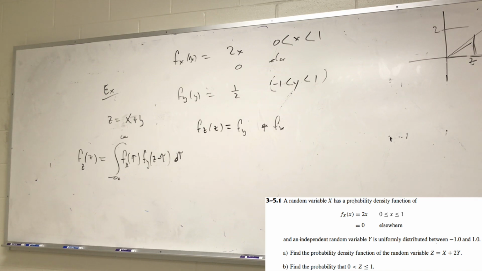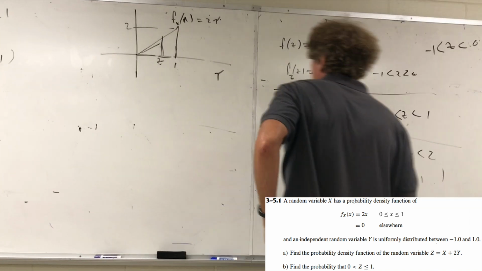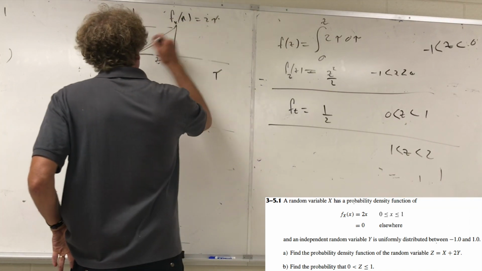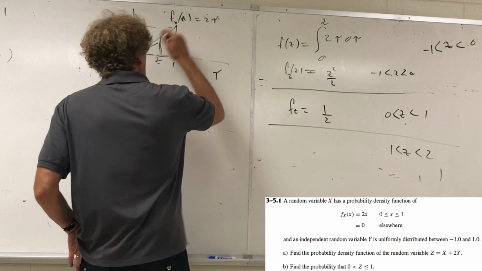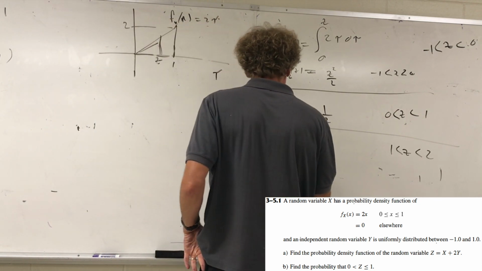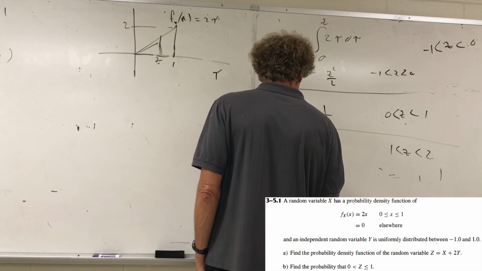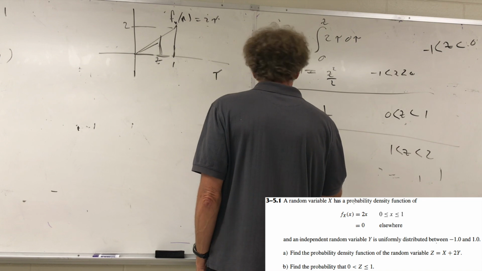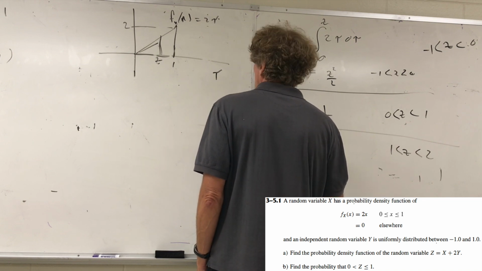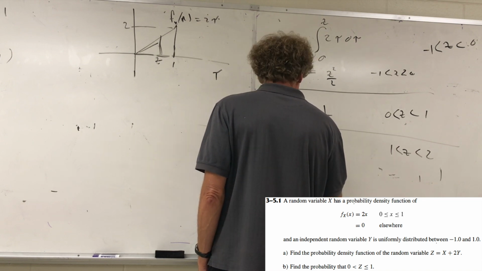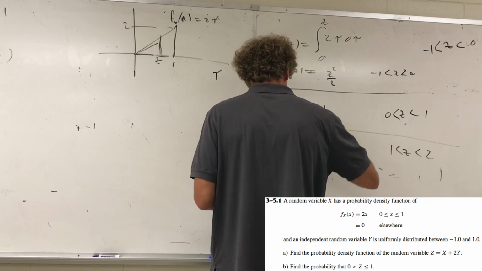And then finally, when z is greater than 1 but less than 2, you have to take the entire area right there, which is 1, and you have to subtract off the lower area, which would be the integral from 0 to z minus 1, and there's a 1/2 here. I put a 1/2 in front of the whole thing.